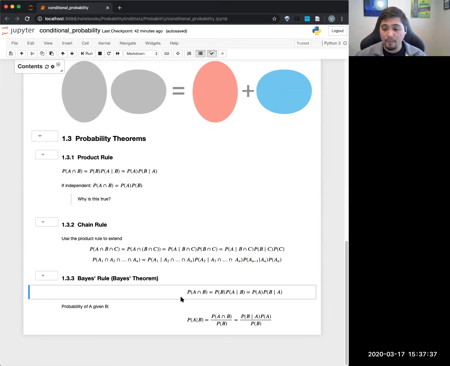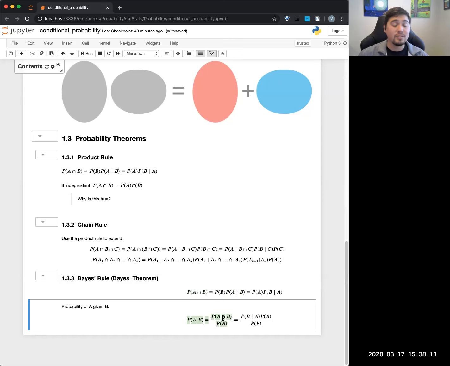But basically all it is, this guy right here, is that we saw from here, the probability of A intersecting B equals the probability of B times the probability of A such that B. Well, if we rearrange this and divide out the probability of B, we get the probability of A given B equals P(A and B) divided by the probability of B. So this is how we get this formula. And usually, if you look at Bayes' rule or Bayes' theorem, you'll see this guy right here. I just wanted to point that out because we'll see him again.